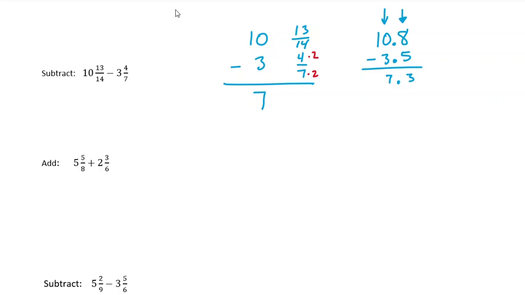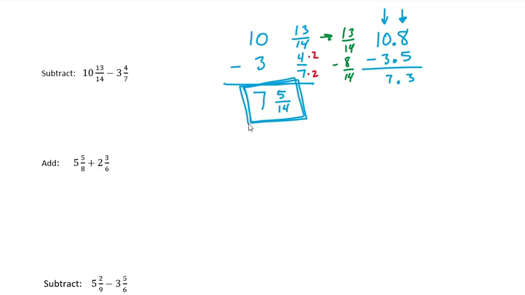So this becomes, and I'm going to write it in a separate color, 13/14 minus 8/14, which we can now do. 13/14 minus 8/14, notice 13 is bigger than 8. So we can do the subtraction. 13 minus 8 is 5. So this becomes 5 14ths, and there's our answer.